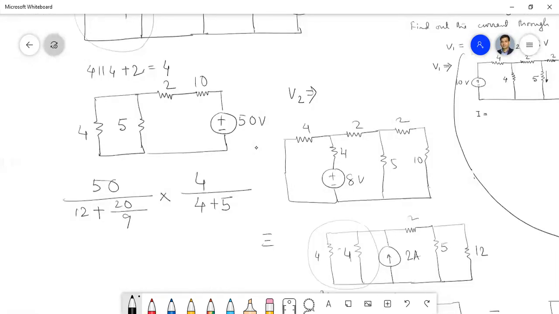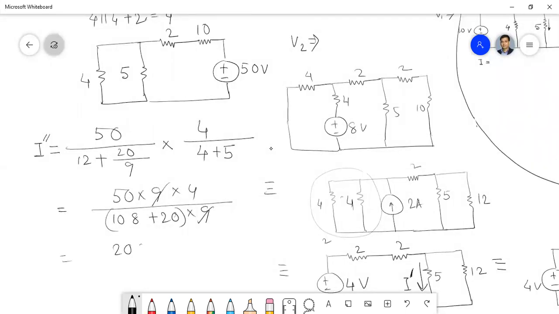So this is the value of I double prime. So that means 50 into 9 into 4 divided by 108 plus 20 into 9. So 9 will cancel out.